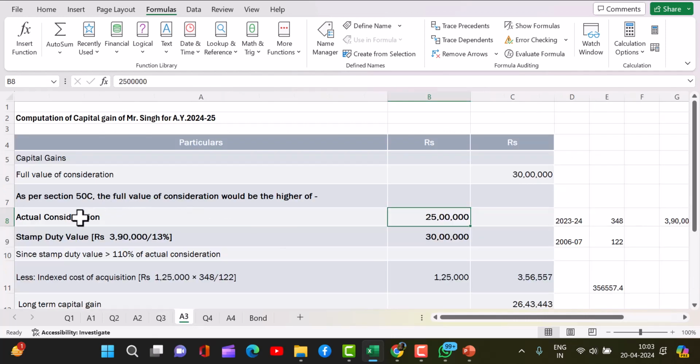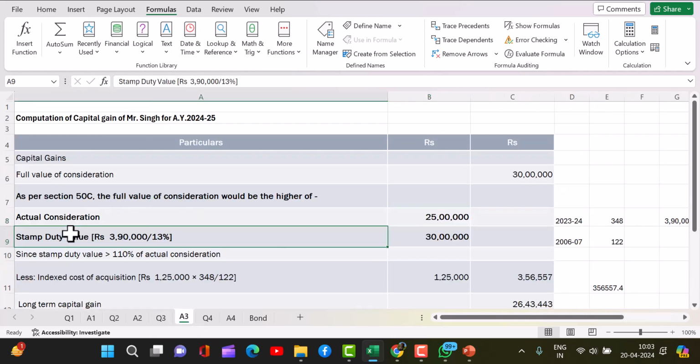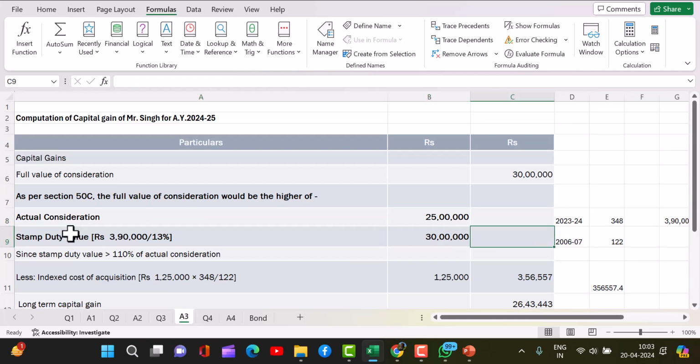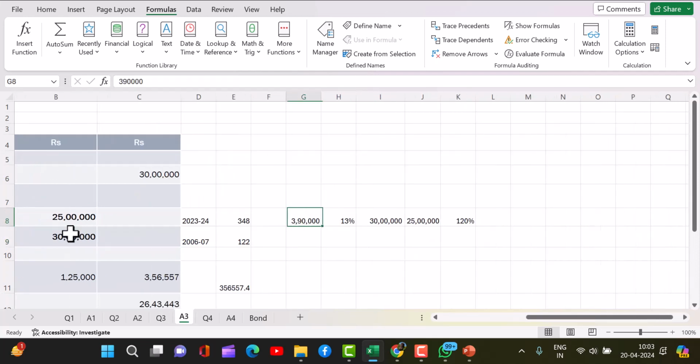Then the stamp duty value: how much stamp duty was paid? 3,90,000. So if we divide this and make it 100%, then the property value should be 30 lakhs. On 30 lakhs, when you pay 13%, it comes to 3,90,000. Whereas the actual purchase consideration was 25 lakhs. So the stamp value is 120% of the actual consideration.